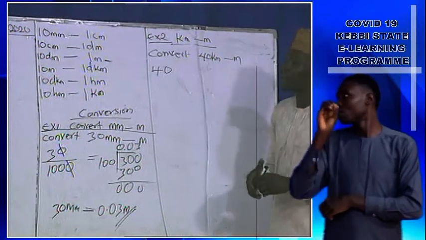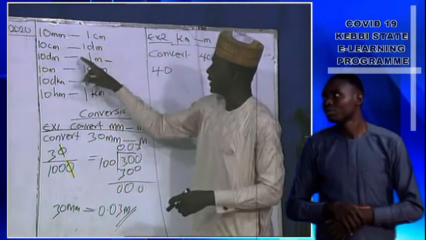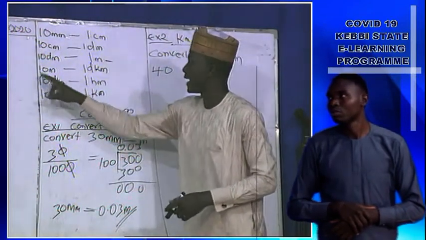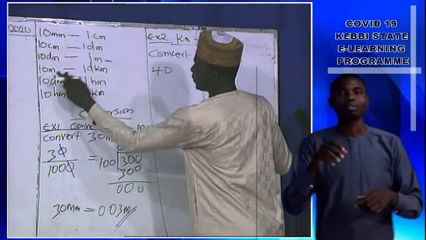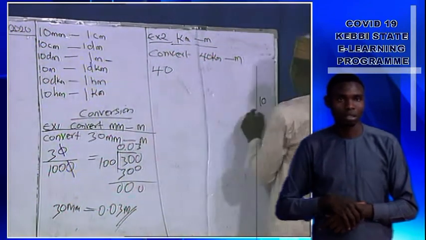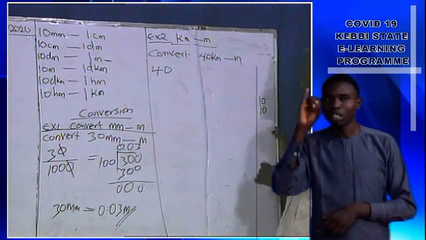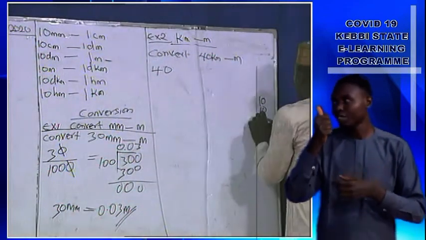As I told you, how many meters do we have in a kilometer? From here, this is our standard. We have 10, because 10 meters will make 1 decameter. We also have 10 decameter to make 1 hectometer. 10 again. We also have 10 hectometer to make 1 kilometer. Another 10.